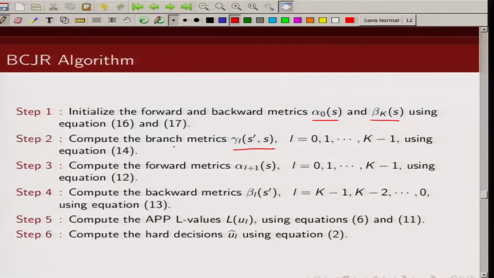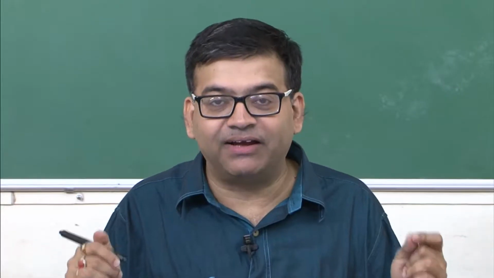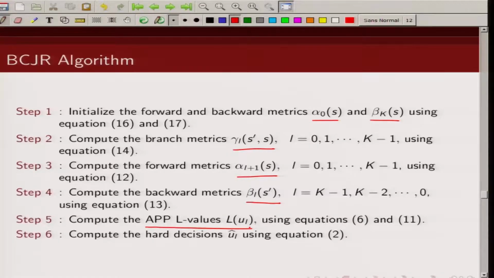The third step is, once I compute this branch matrix gamma, I will compute the values of alphas using forward recursion, and the values of beta using backward recursion. Once I have the values of alpha, beta and gamma, I can compute the a posteriori probability, because I have shown that it is a product of these three terms.